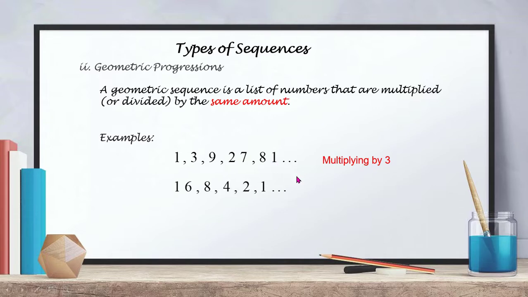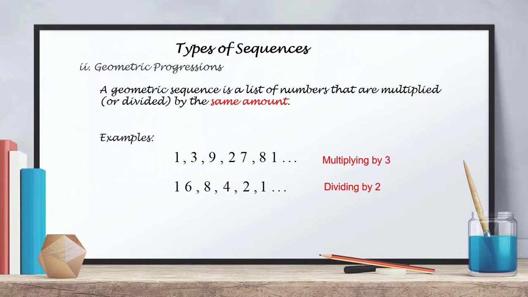Example number 2. 16, 8, 4, 2, 1, and so on and so forth is also a geometric sequence. And this geometric sequence is progressing by dividing by 2. 16 divided by 2 is 8. 8 divided by 2 is 4. 4 divided by 2 is 2.